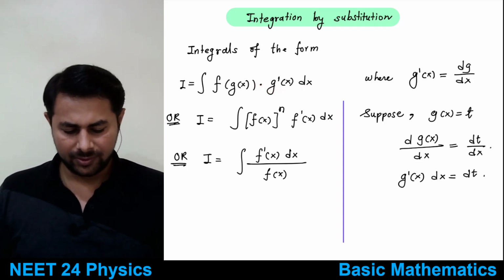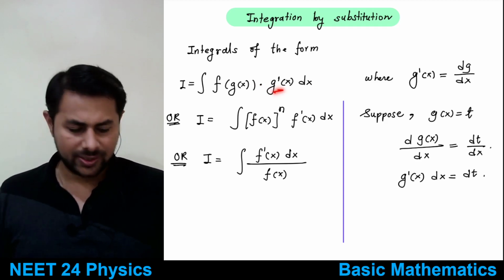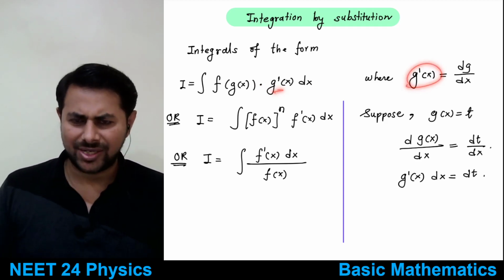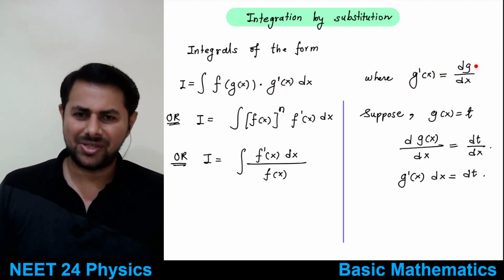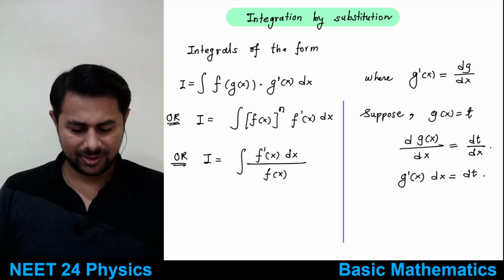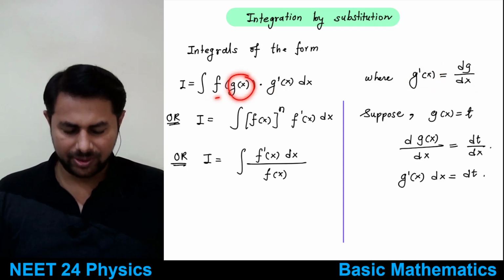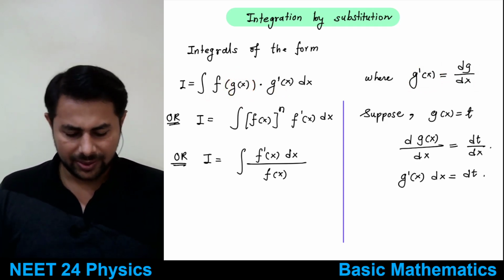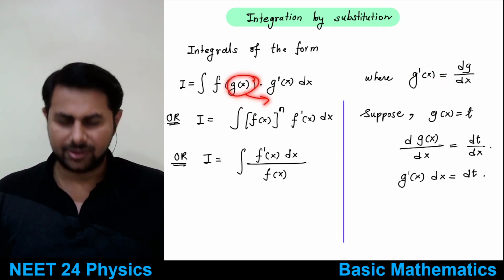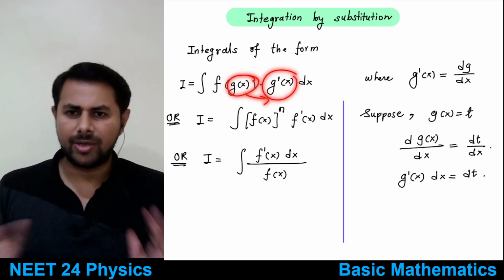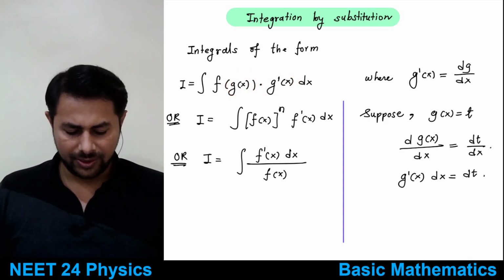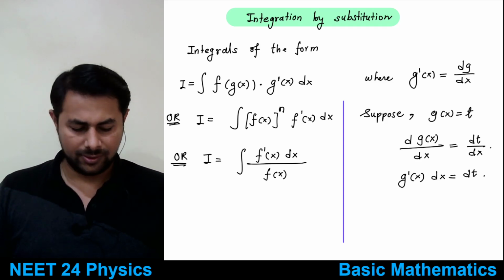What is g dash x? g dash x is the derivative of g with respect to x. So you have f as a function of g of x, and the derivative of this function g of x is sitting there in multiplication.